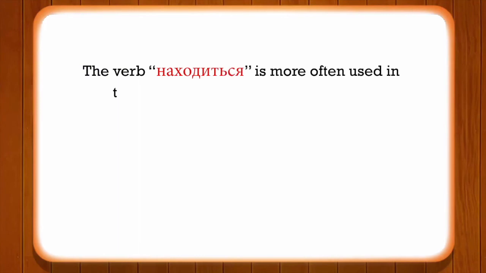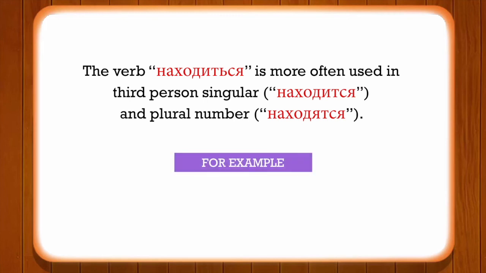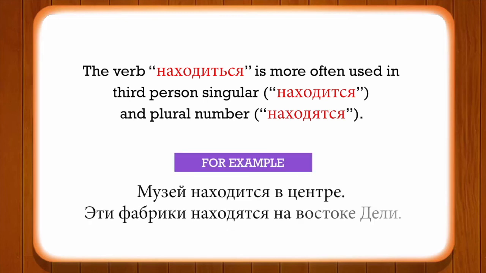The verb находится is more often used in third person singular находится and plural находятся. For example, музей находится в центре. Эти фабрики находятся на востоке Дели. So here in these two cases we have seen that находится and находятся have been used as per the context of the sentence in singular as well as in plural.